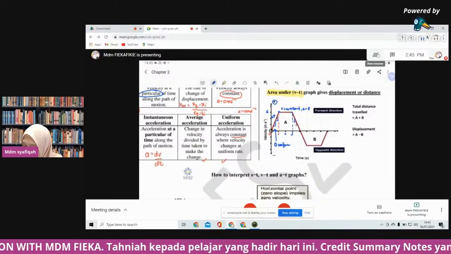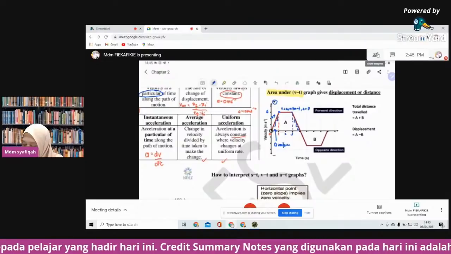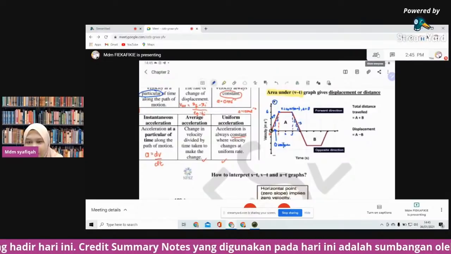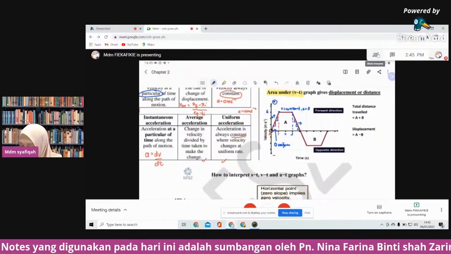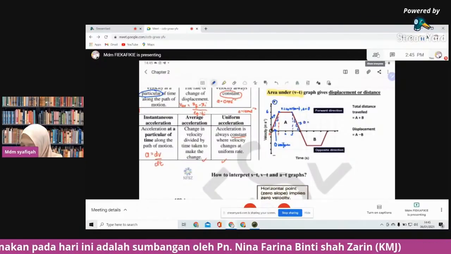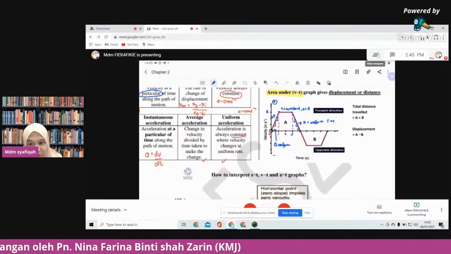Look at here. The acceleration is also uniform, but its gradient is a negative value. This is A, but this one is uniform but negative value.